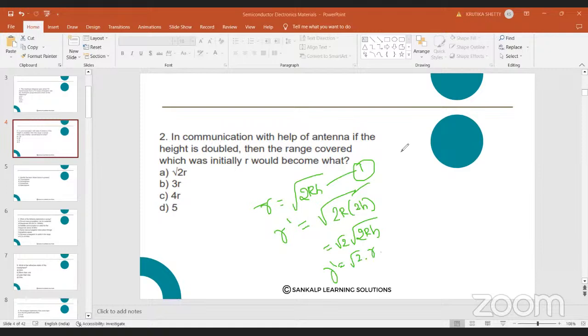So r dash is root 2 into r. Yes, anybody got the answer? Pratibha, Damini, Harshita are giving option A. So option A is 100% correct.